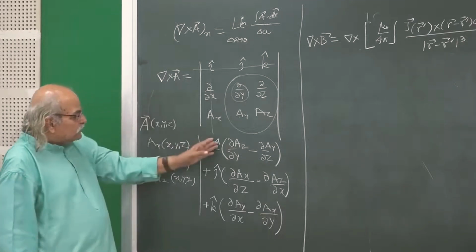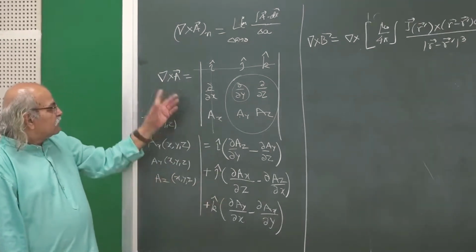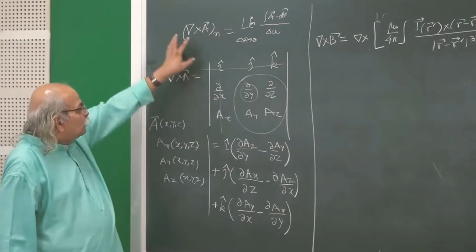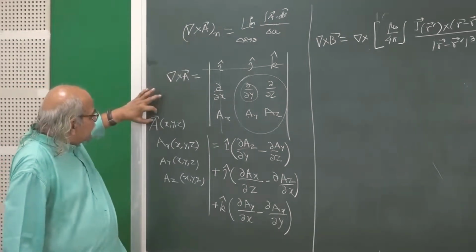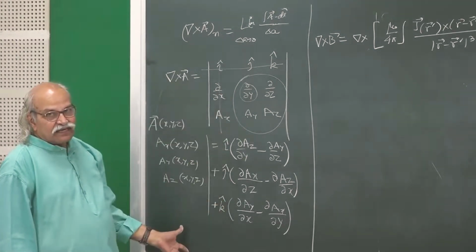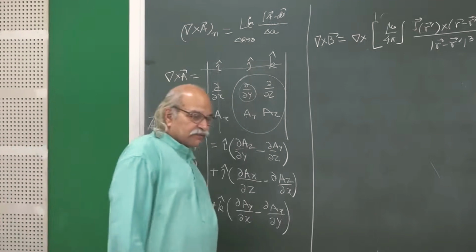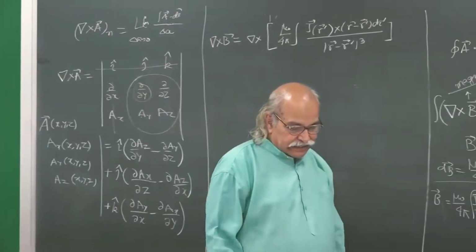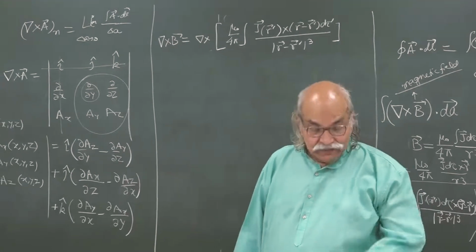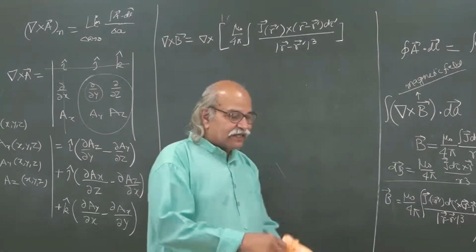You have all the three components, and the curl of A is ready. So, if you know the vector A in terms of coordinates, you can write such expressions. I do have expressions in the book for cylindrical and spherical polar coordinates, but when it is needed I will use that.